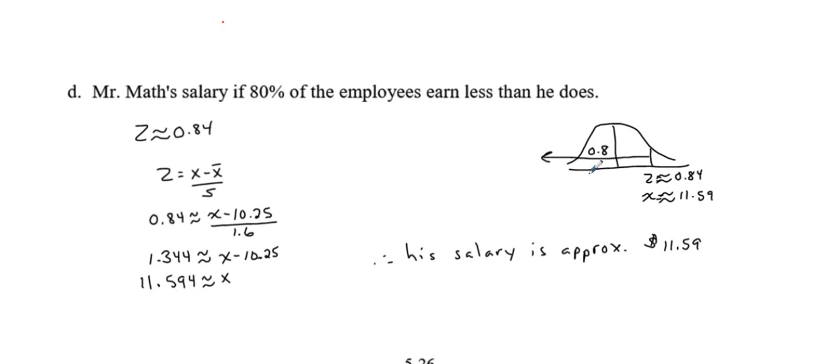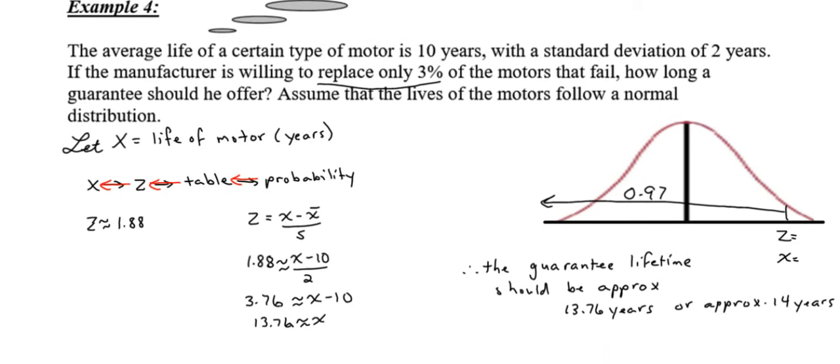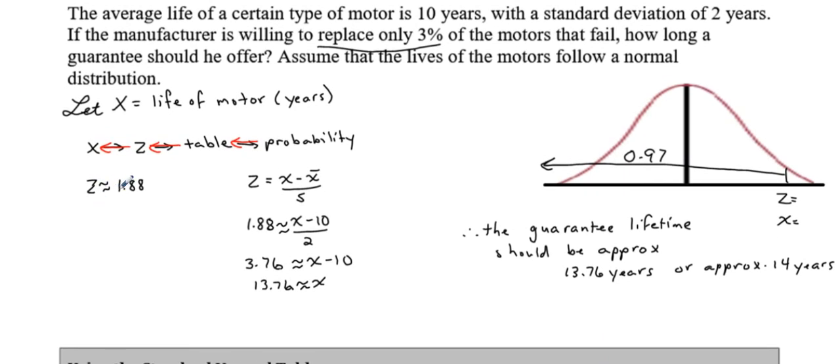So that's it. I changed a couple of things because I realized a couple of communication things that I missed. So on our examples here, this z-score, I should have said it was approximately 1.88 because it's not exact, because we couldn't find exactly 0.97.